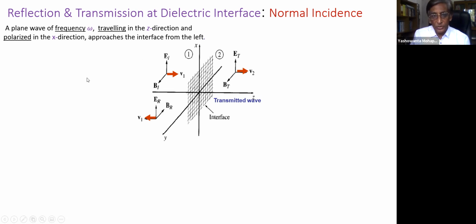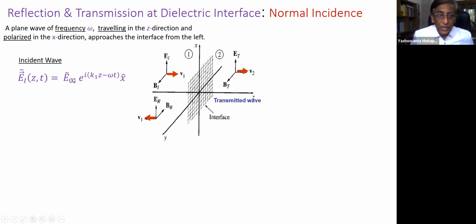Now let's write down all the waves, starting with the incident wave. I am writing it in terms of the incident E_i. This is a vector, and I am using the complex amplitude, so this is the complex wave, with E naught i, and the vector is taken up by the polarization. It's polarized in the x hat direction.